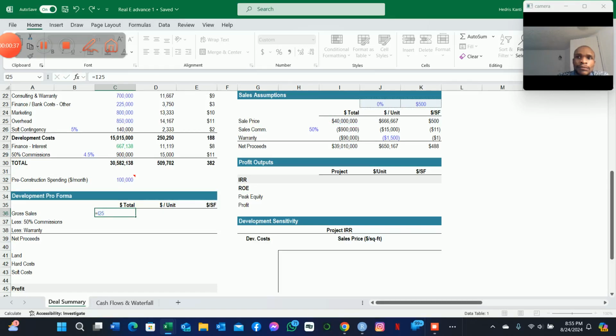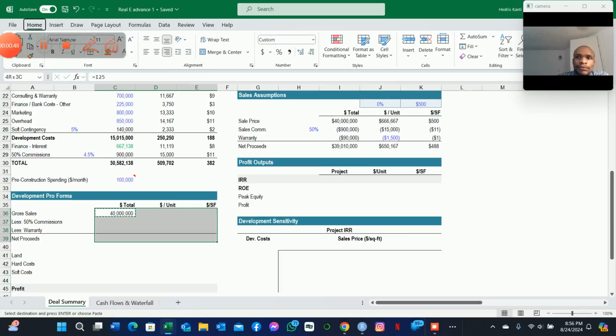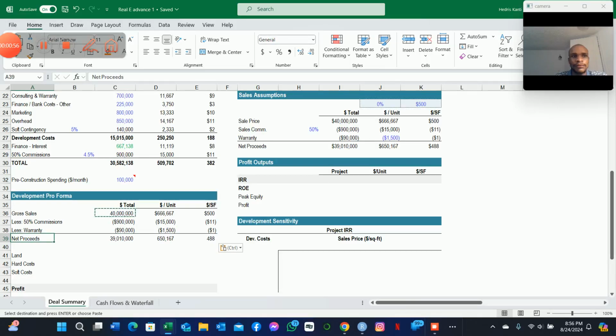So we reference that there. We can just copy that and we paste it as formulas here.